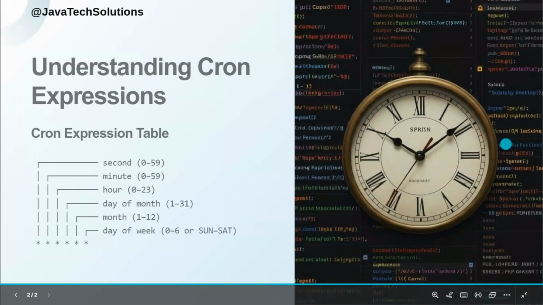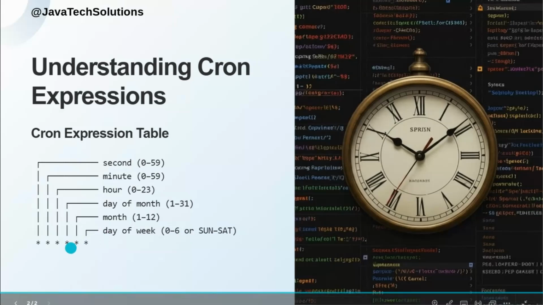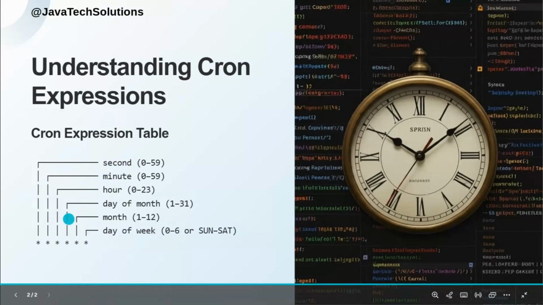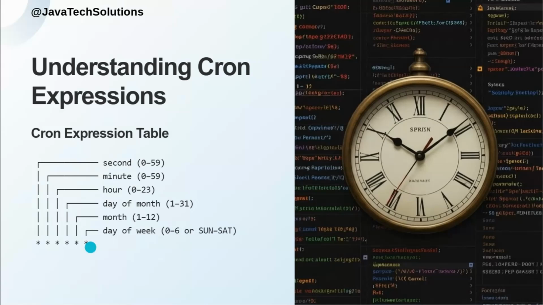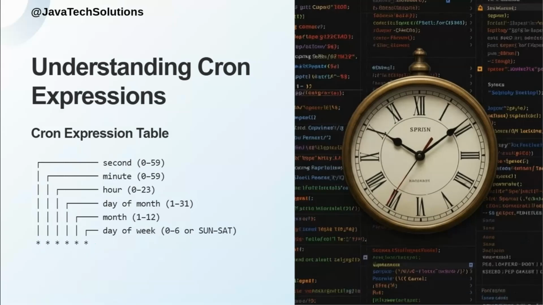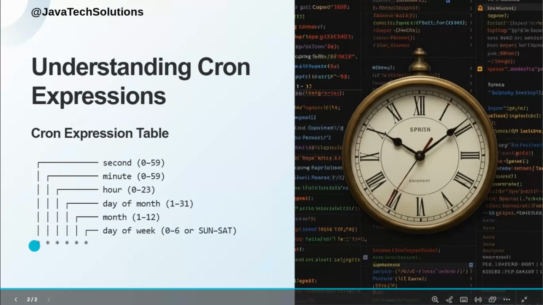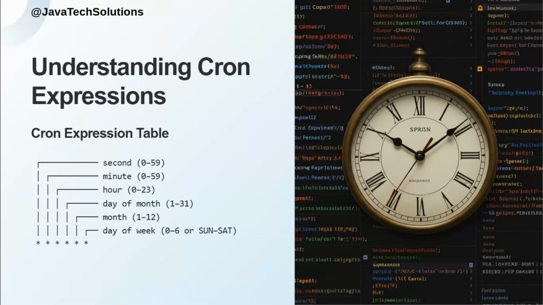Now we are going to understand the cron expression. In the table, if you see, there are 6 parameters, and each parameter has its own description. The first one defines the seconds, like if you want to run a job every 10, 15, or 20 seconds, we define it there.